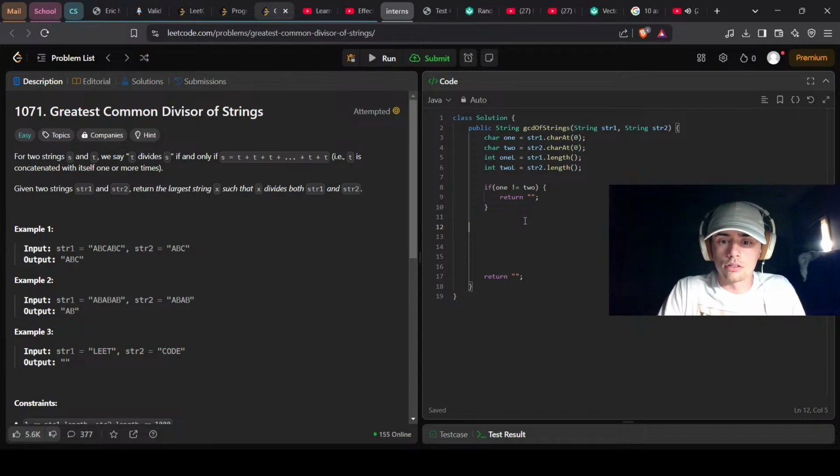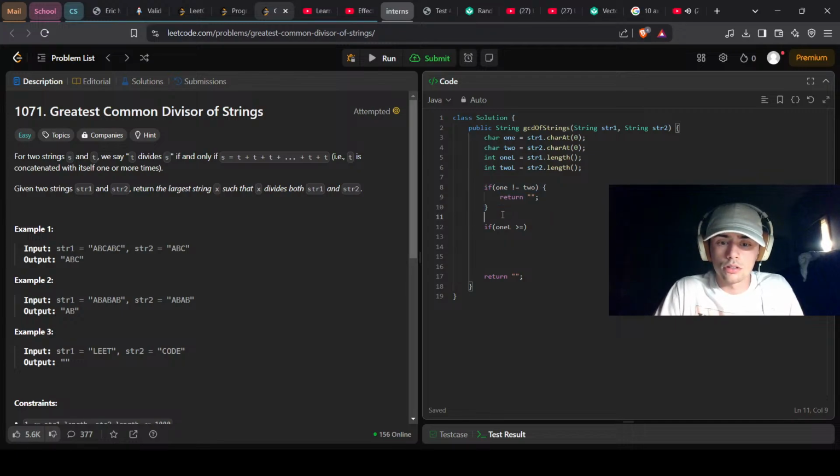Alright, we're gonna do like this. If the one length is longer than or equal to, we're not gonna get equal to. Wait, what if they equal each other? We could do that too.